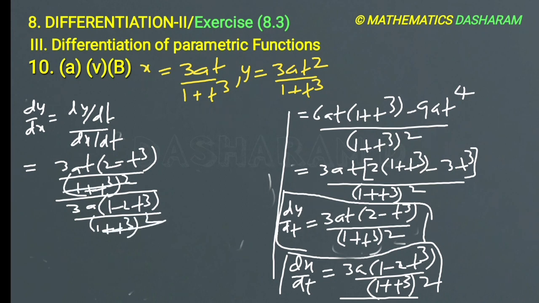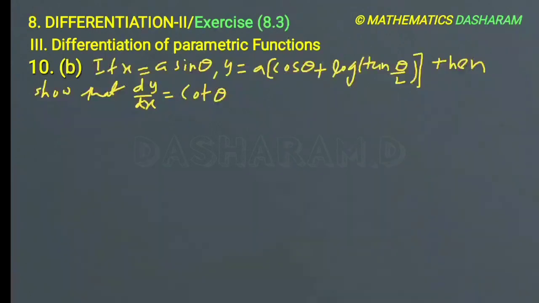Here both cancel, here 3 cancels, a cancels, t(2 − t³) divided by (1 − 2t³). So this is our required answer.